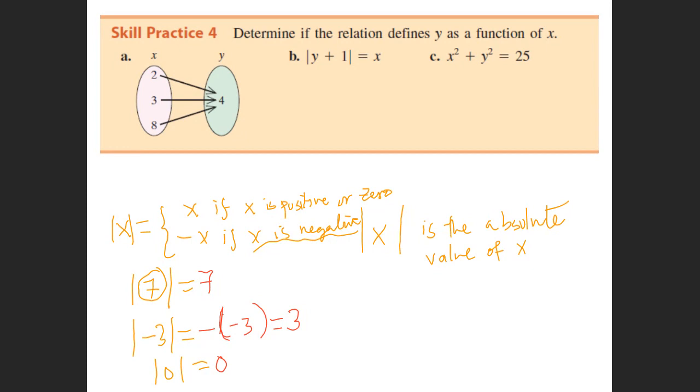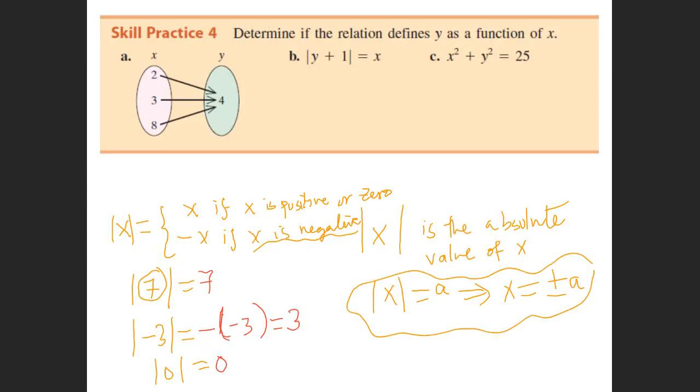Now, how to solve an equation with absolute value? If the absolute value of x equals a, then x is plus or minus a. If you want to remove the absolute value brackets, you have to add plus or minus to the other side.